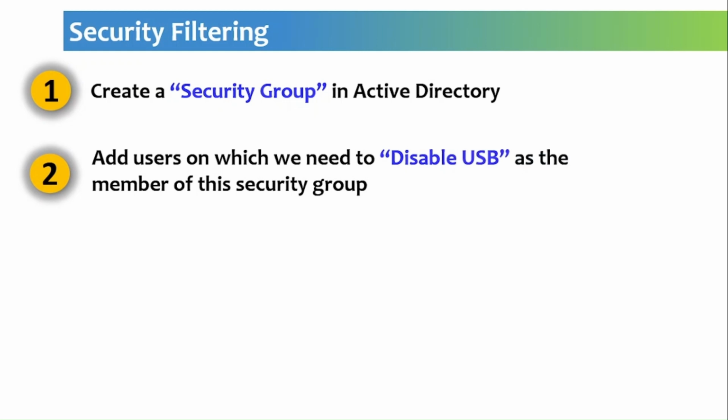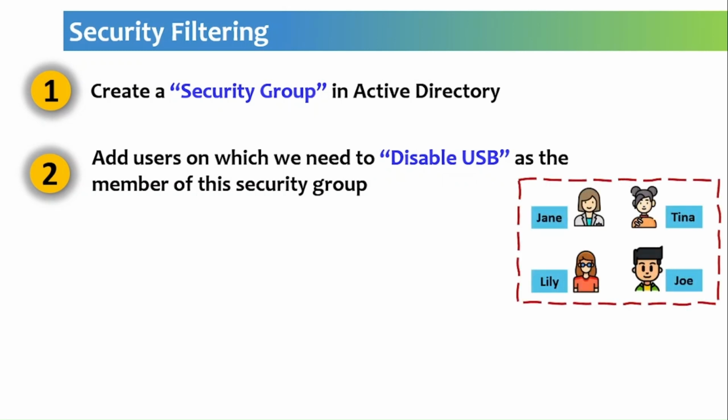Then we'll add the users on whom we need to disable USB as members of this newly created security group. In our example, we will add Jane, Tina, Lily and Joe as members of this group, as we don't want these 4 people to access the USB drive.